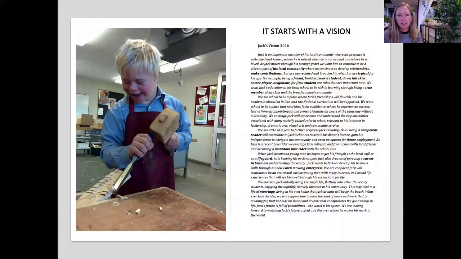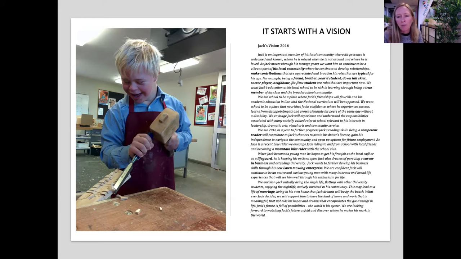So this is my son Jack, and this is the vision statement that we have for him. And you will see in his vision that we've identified in the bold font some of the roles that we see him holding now, or this is actually a few years old now, this vision statement, and also some roles that we think he will want to aspire to later in life.